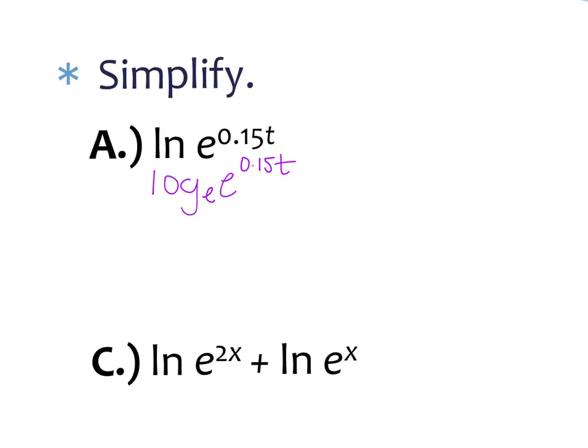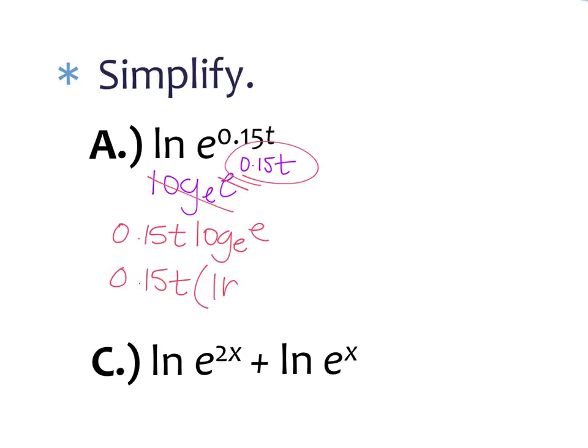What happens if the base and the large number are the same? They become 1. They cancel out and I keep the exponent. What happens if I wanted to expand that? What happens if I have an exponent and I want to expand it? Bring it to the front. So this would be 0.15t log base e of e, which is 0.15t ln of e.